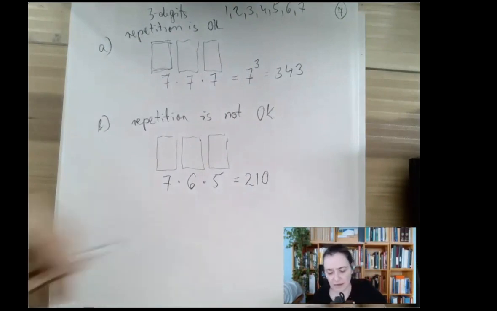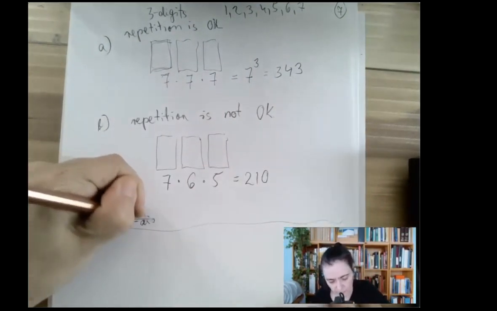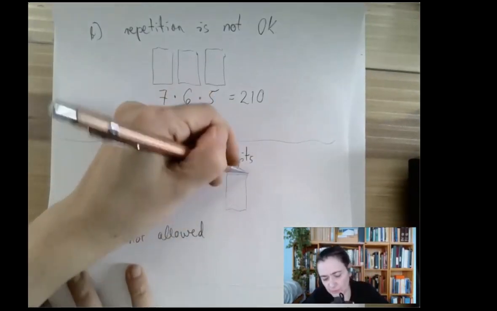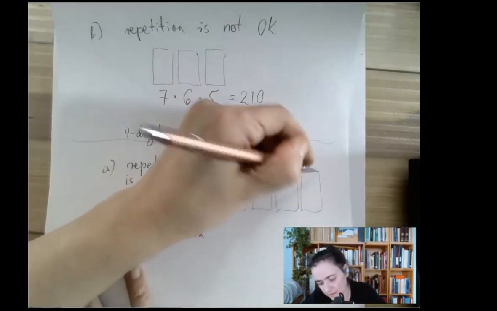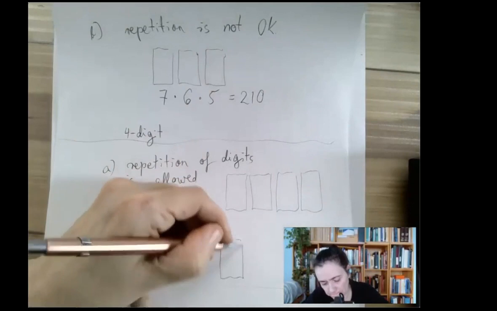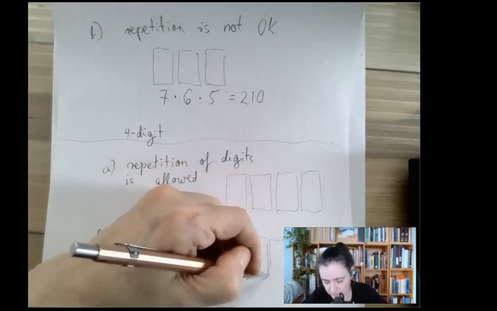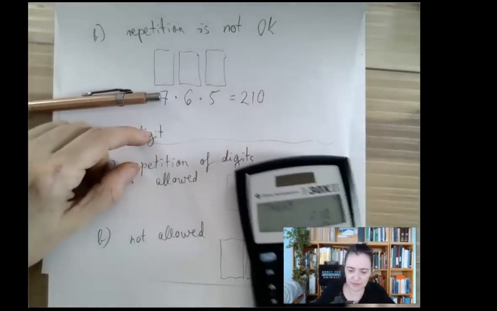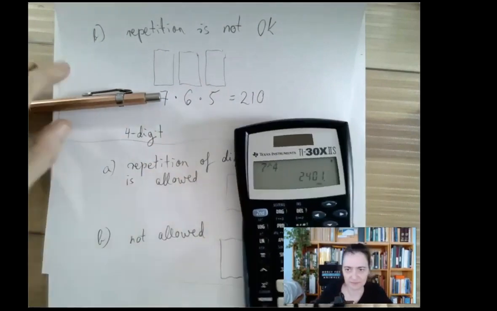Okay. I want to go up to 4 digits. Come on, guys. Just guess. You can guess. All right, we have a guess there. That looks, if it's 7 to the 4th power, yeah.